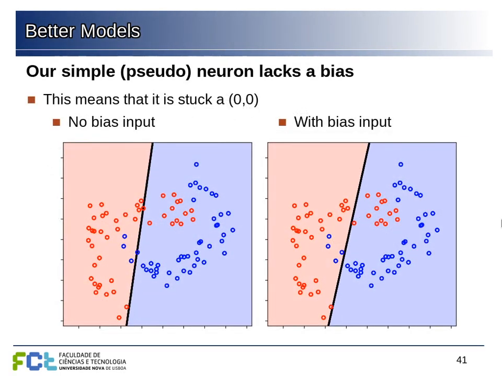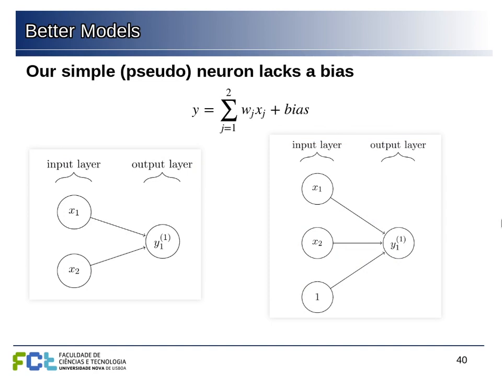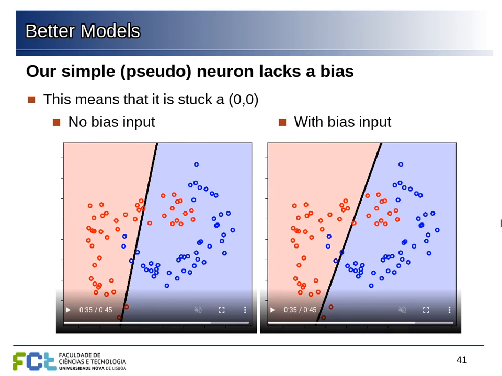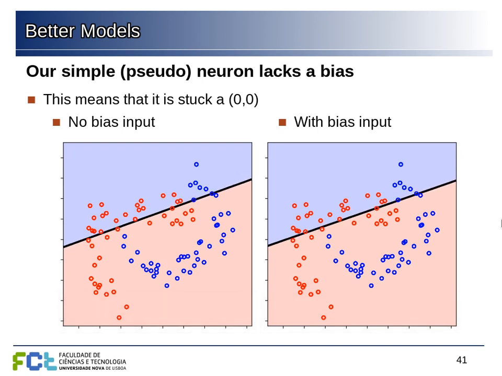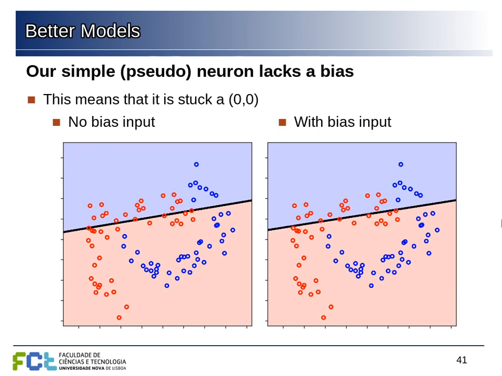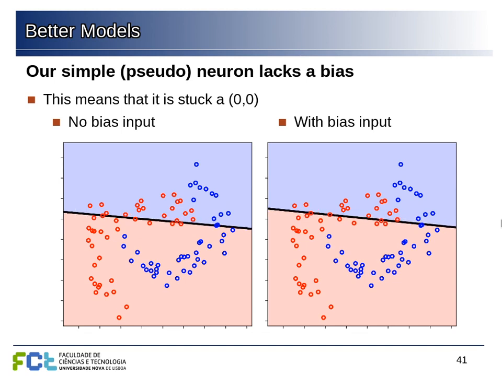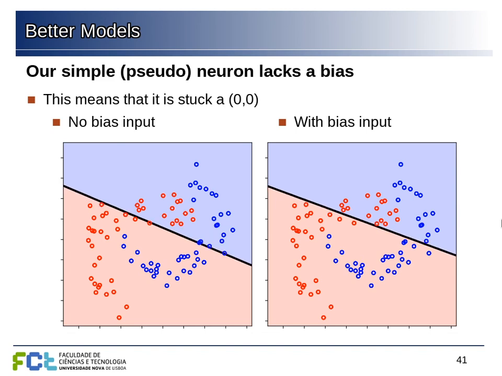This is important because if we only use the model without it, then if both coordinates are 0, what enters here will always be 0, and we have a 0.5 on the sigmoid. So the frontier is pinned at the center of the coordinates, where we have 0, 0. It cannot move from there. If we have bias, then if it needs to, it can start to deviate because it has that additional value that can shift the frontier.